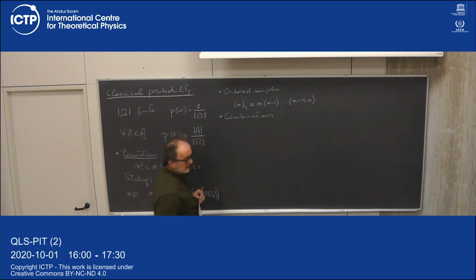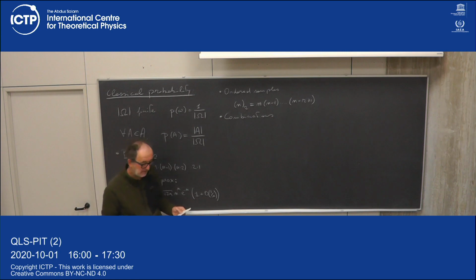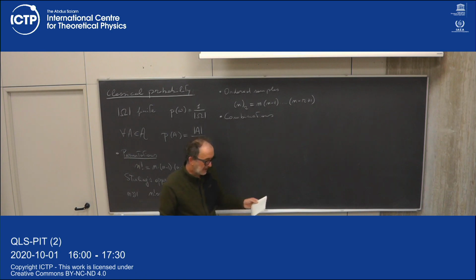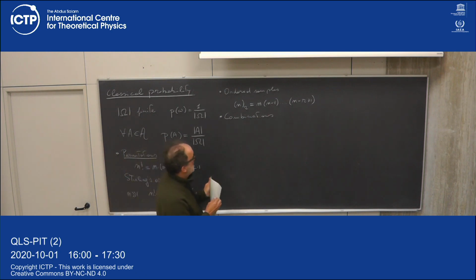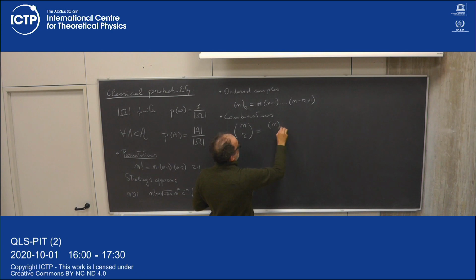So it's the number of groups of r objects that you can form out of a set of n objects. So if you have n objects, then you can ask yourself, in how many ways can I take, how many different groups of r objects can I build from this? And this is given by just this number here divided by r factorial.